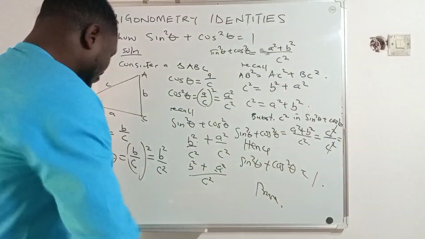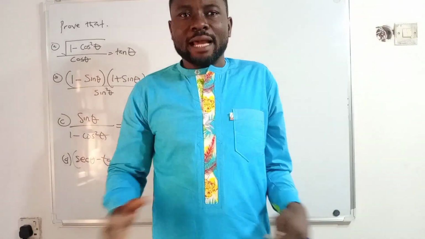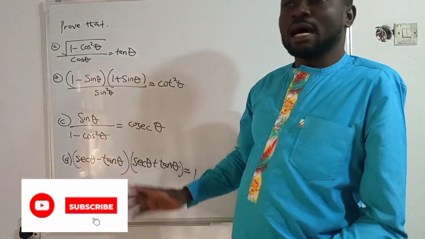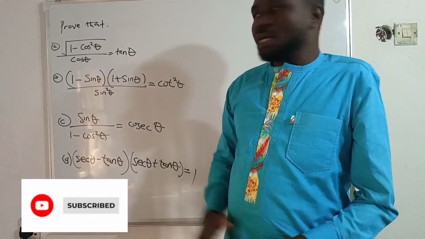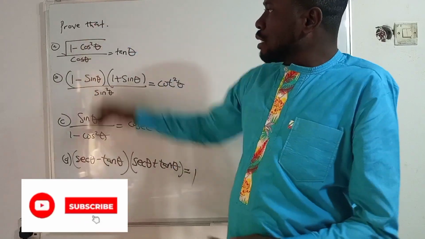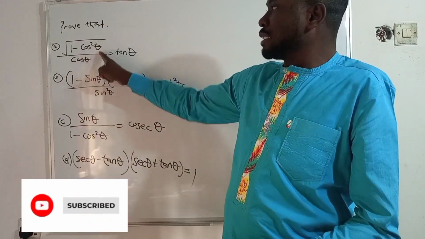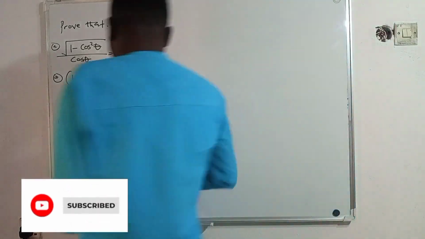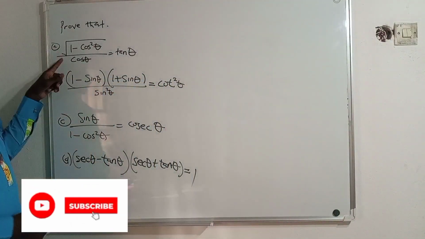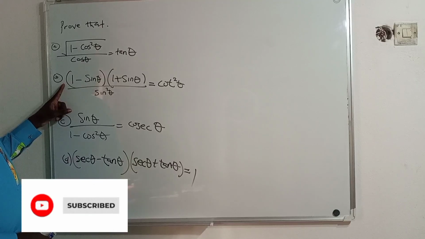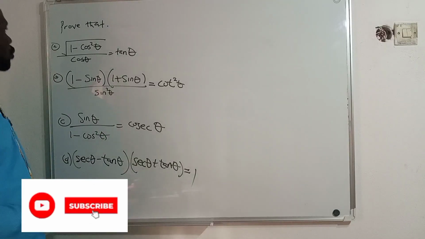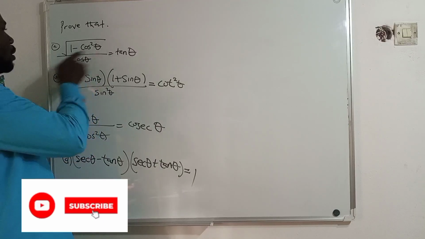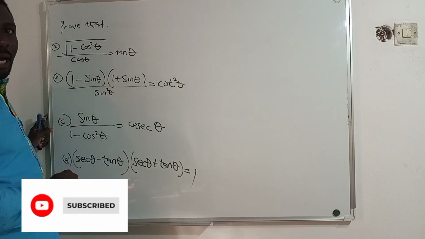Please, let's take other examples. Now we have a number of equations on the board. These are examination questions. The first is: prove that the square root of 1 minus cos squared theta all over cos theta is equal to tan theta. The examiner wants us to show that the square root of 1 minus cos squared theta all over cos theta is equal to tan theta.